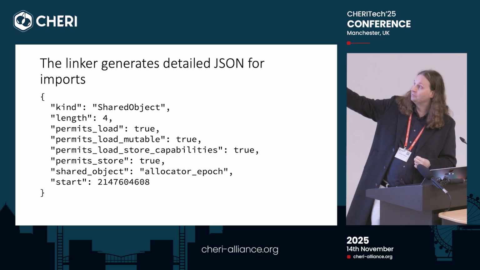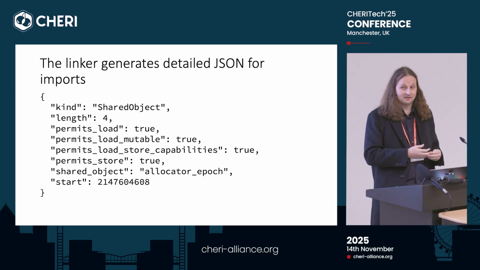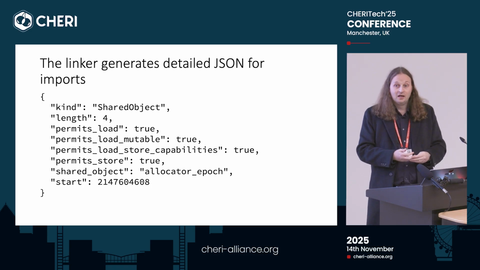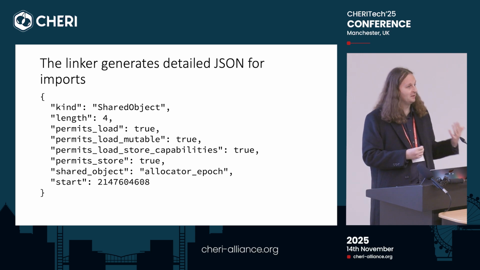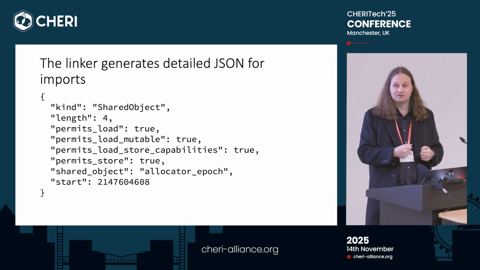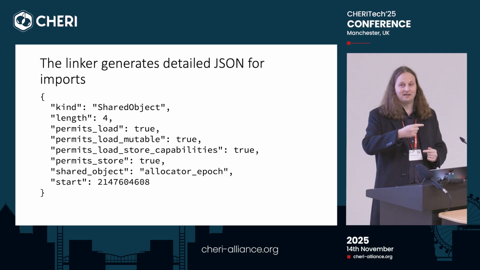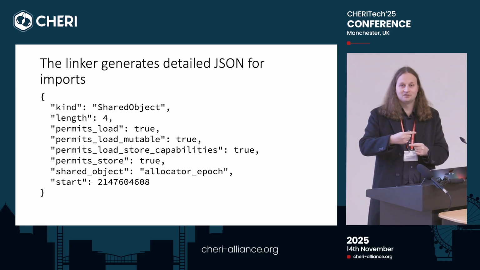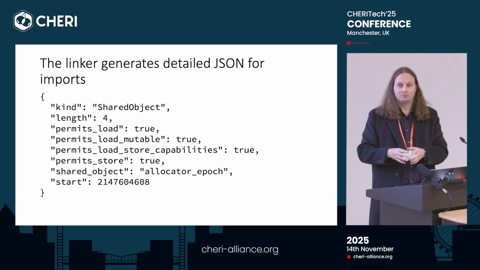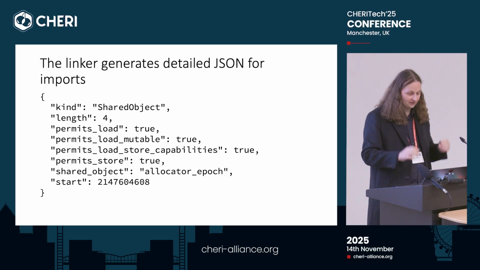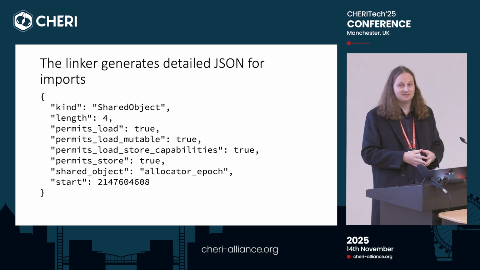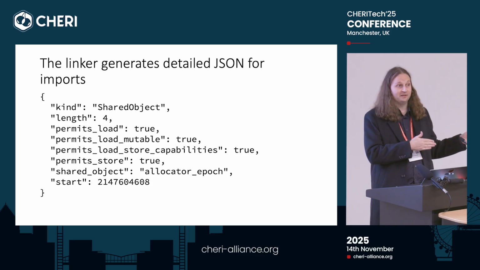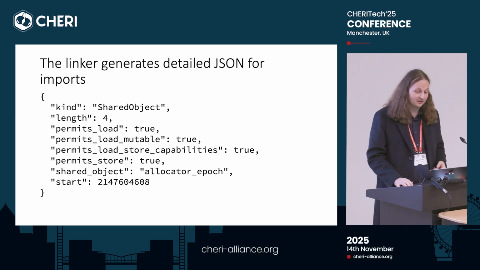And you can tell from this particular one, this is the import in the allocator compartment, because this is the only one that has permit store permission, whereas every other compartment will have a read-only view of this, so it can be used for some lightweight synchronization to say, I'm trying to update a thing in a mostly lock-free data structure. Has it been modified out from under me? Do I need to do it again in a little loop? And you can then later on write a policy that says, actually the allocator really should be the only thing with a read-write view of this object.